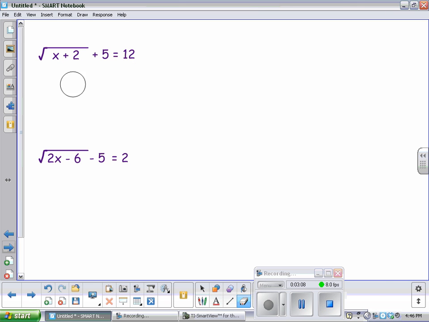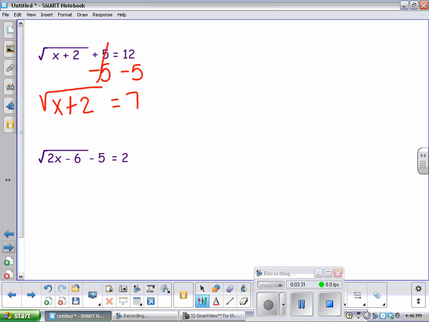So the first thing I do is pretend that this was my variable and I'm adding 5. I need to subtract 5 from both sides so that this cancels and 12 minus 5 is 7. And I bring down the square root.